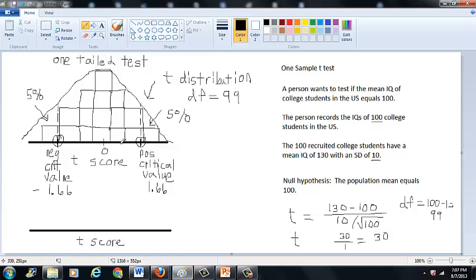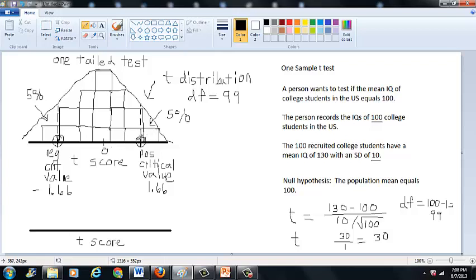So in a one-tailed test, you have to commit yourself to using one of the two critical values, because basically you're only allowed to use one critical value.